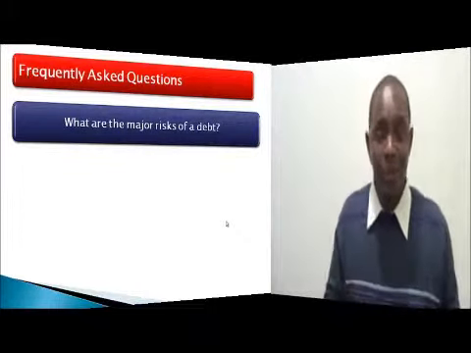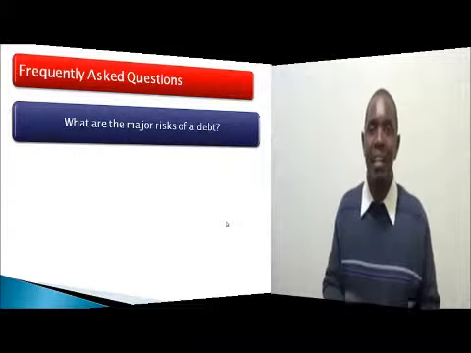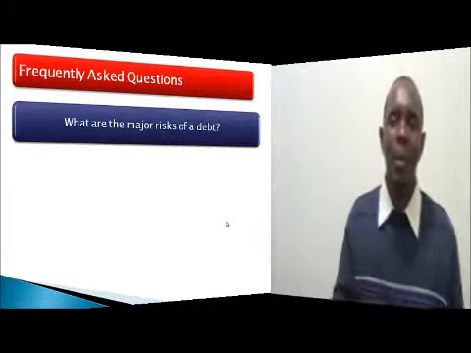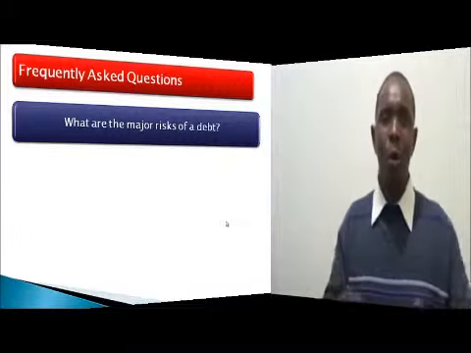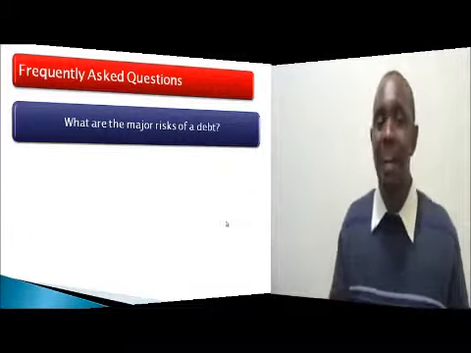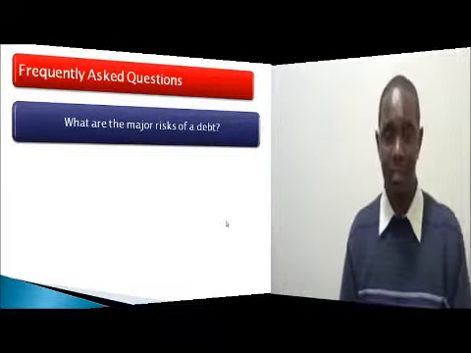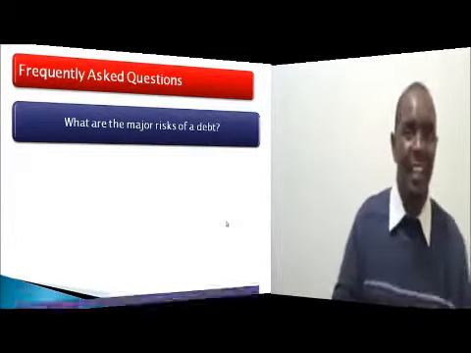So there is a risk here. In case you borrow and an unexpected event comes in, like illness, or you're terminated from your employment, or your business collapses or is damaged and you did not insure the business. So this is the risk that you carry with you when you're taking that loan.